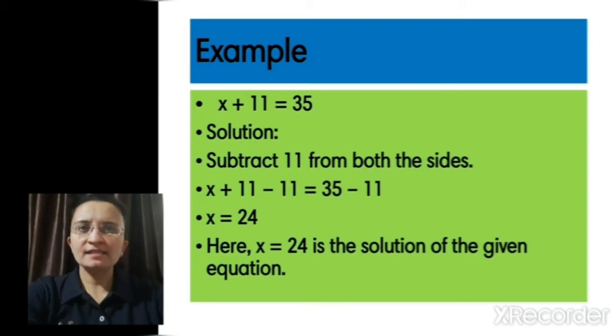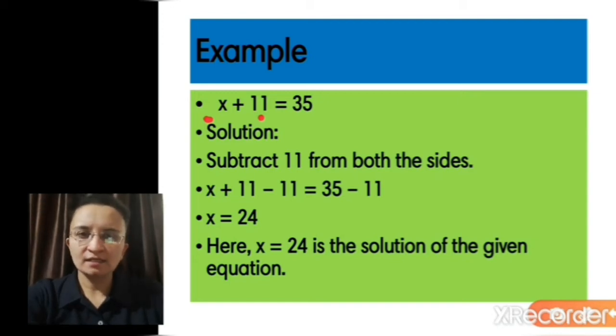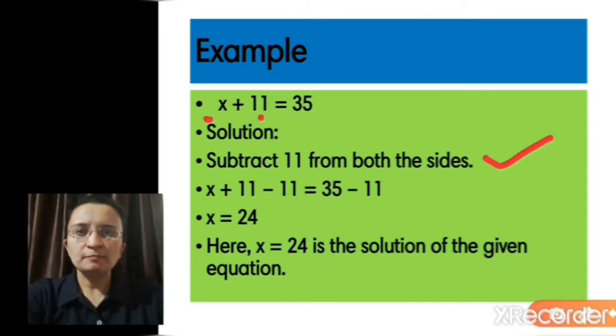Here we have example 1, x plus 11 equals 35. Here we need to separate variable x from 11. We need to remove 11 from the left hand side. What will we do? Subtract 11 from both the sides. x plus 11 minus 11 equals 35 minus 11.